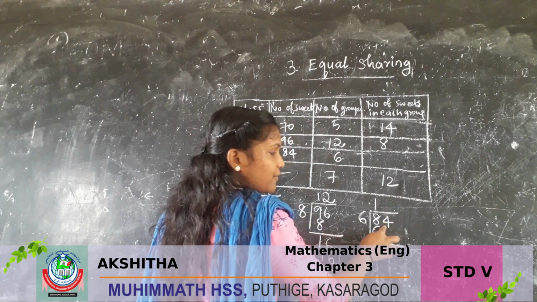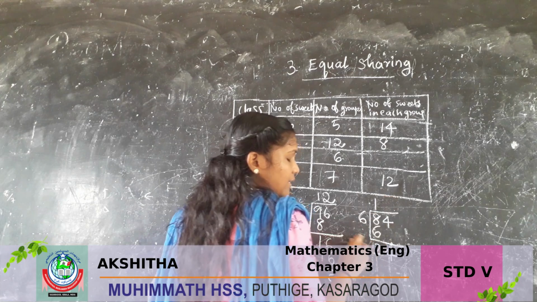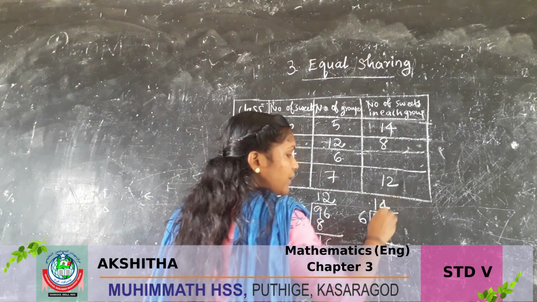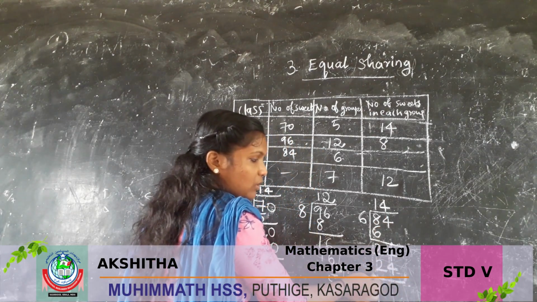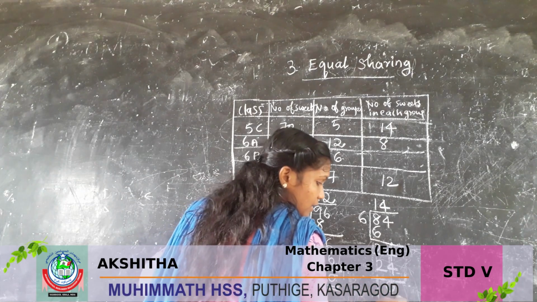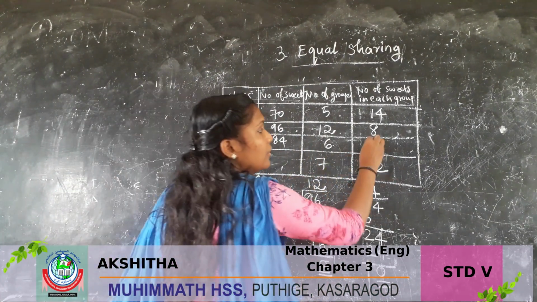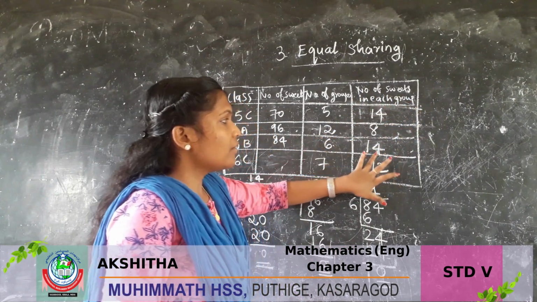Next we bring down 4. 6 how many times is 24? 6 fours are 24. 24 minus 24 is 0. So we write 14. The number of sweets in each group is 14.